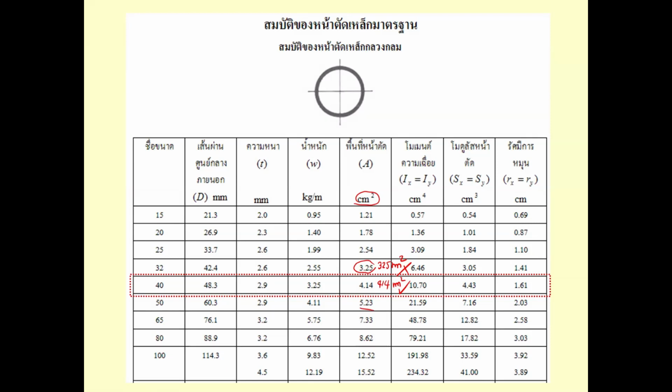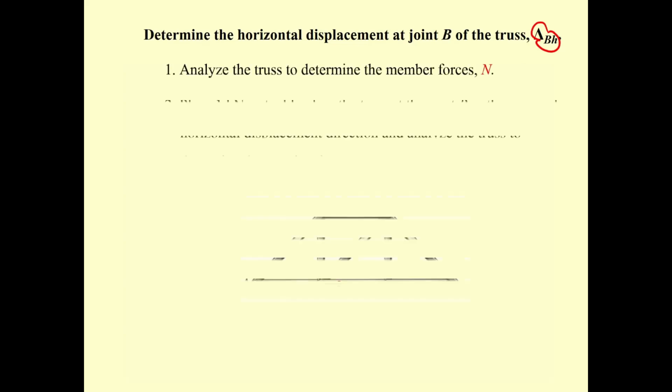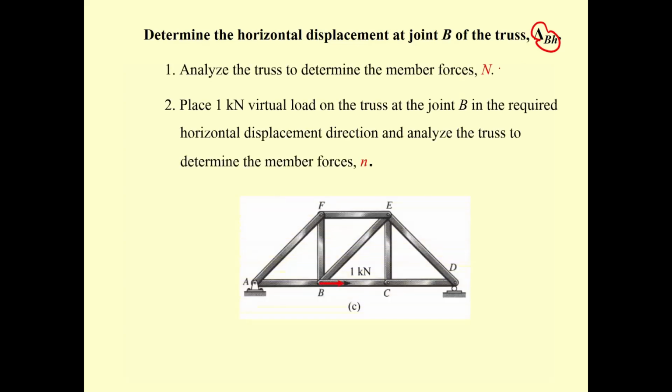Now, let me take you further, for the horizontal delta B sub H. The capital N sub i is going to be the same, computed for the 30 kilonewton load. But for the small n, take the 1.0 unit load and apply it at point B in the horizontal direction.